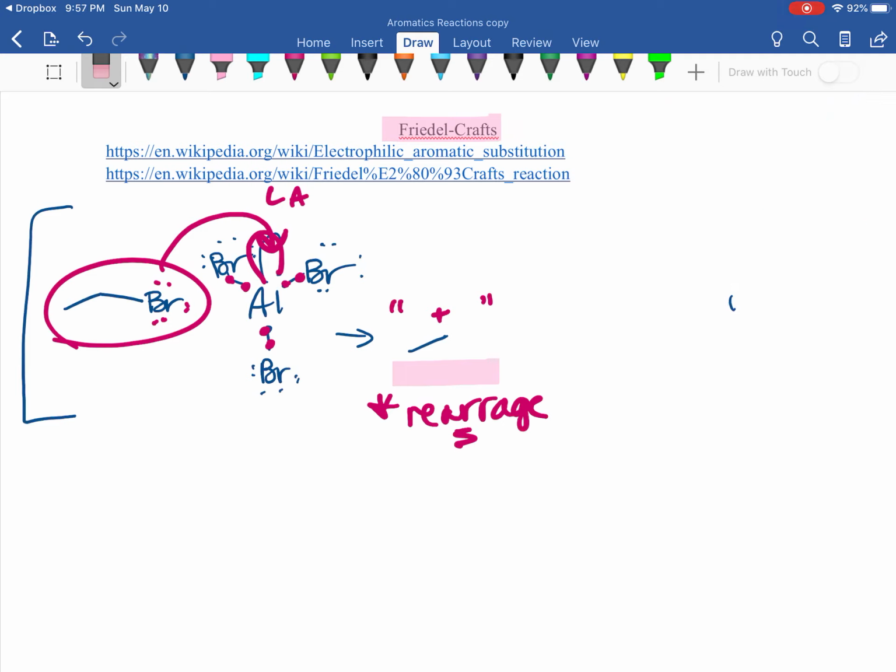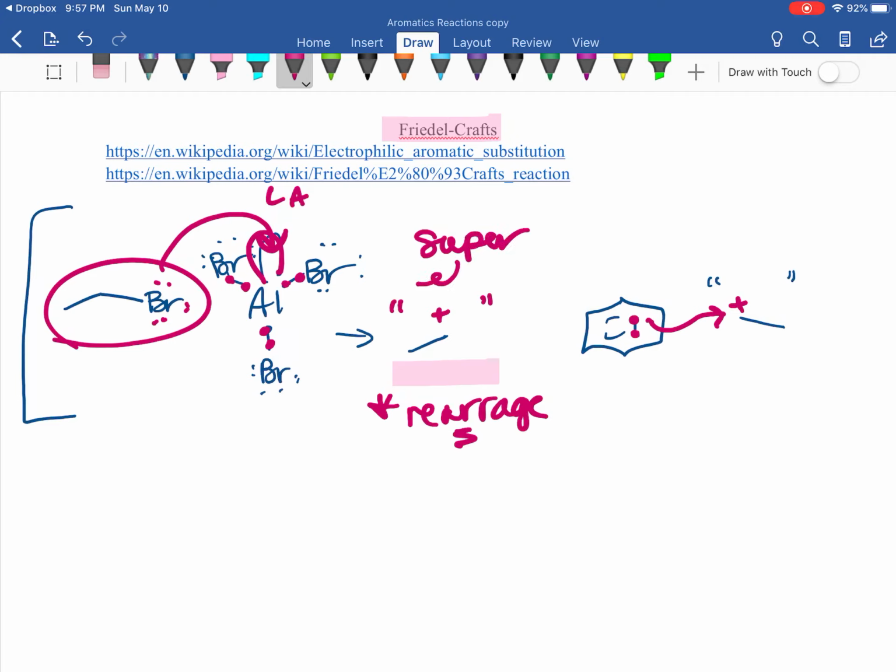If we have a carbocation, we know that that's a phenomenal electrophile, right? You've got this big black hole missing electrons. So let's take our benzene and let's take our newly formed carbocation. I'm just going to draw it to the other side. And now we can follow our same process.